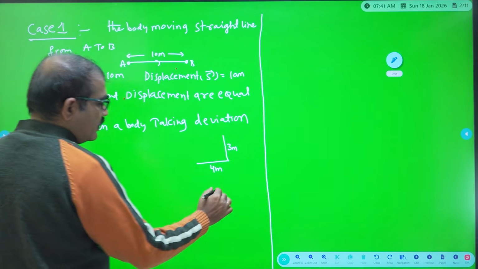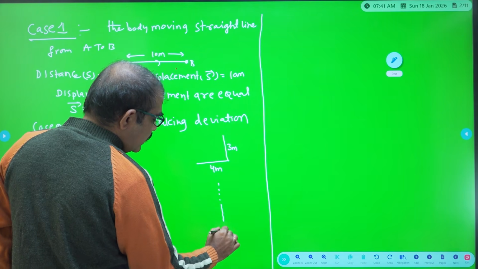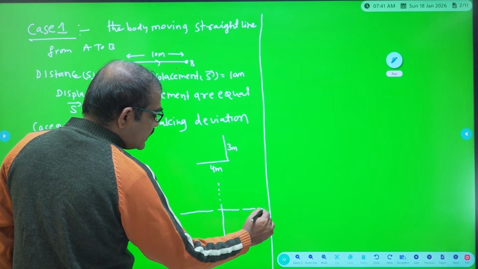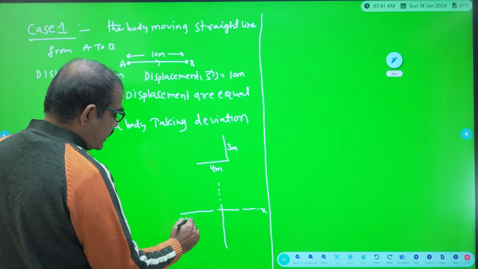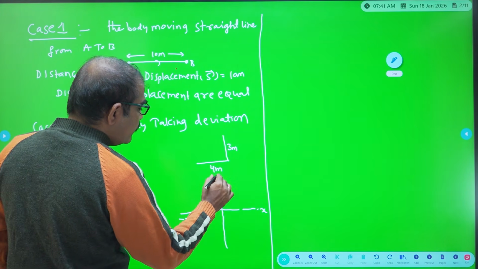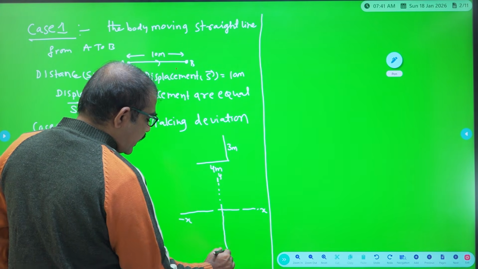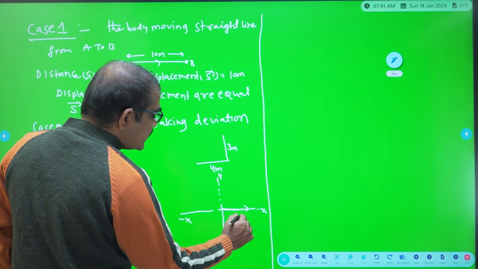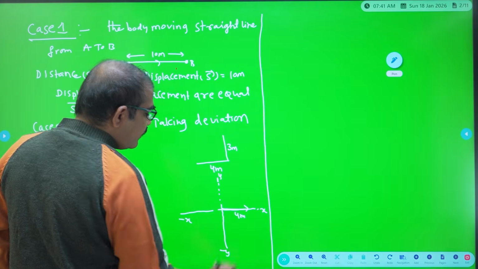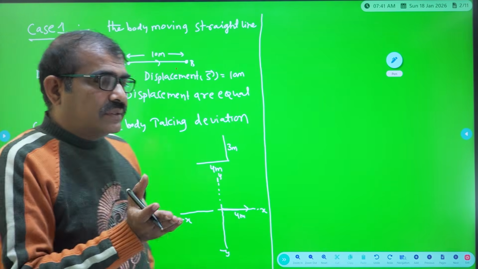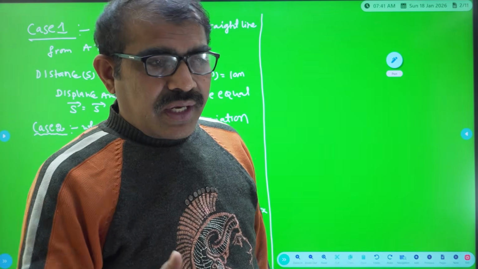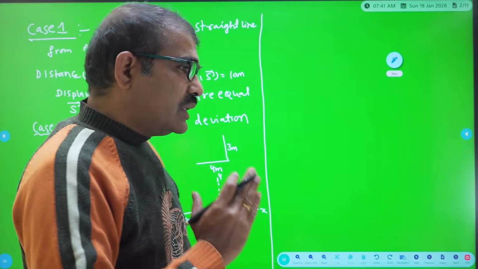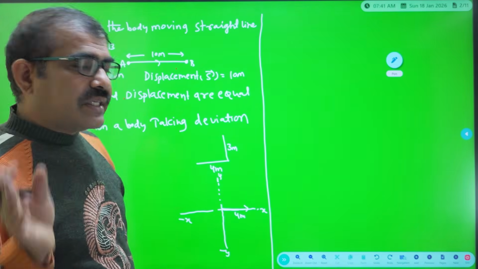For example, this is the coordinate system. This is x-axis, this is negative x-axis, this is the y-axis, this is negative y-axis. Body moving along the x-axis 4 meter, then deviates, not moving along the same line. That is called straight line motion. Just deviate. Deviate means direction changes.